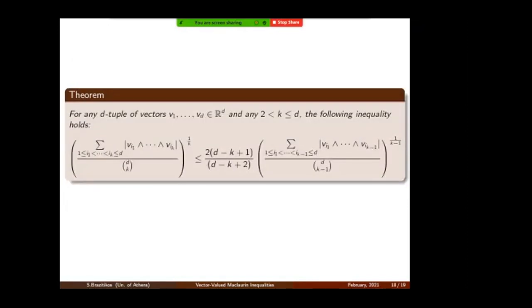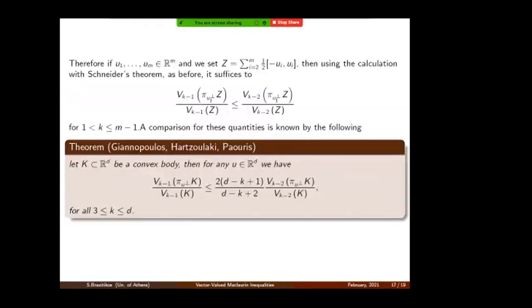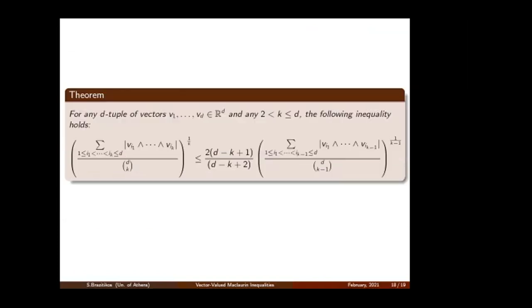So using all these things, in the p equals 1 case, we can compare for any k the quantities between the wedge products.